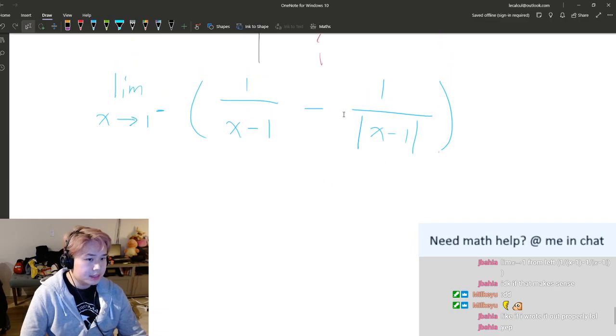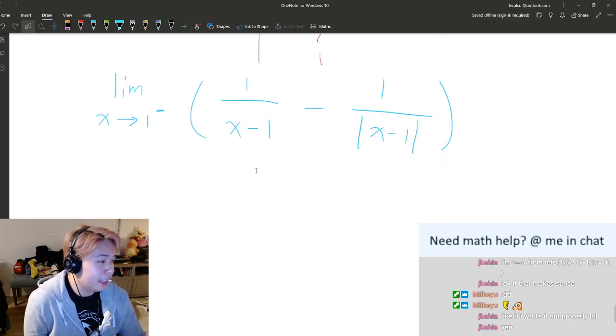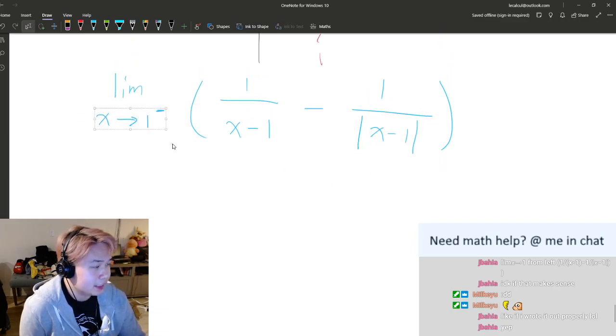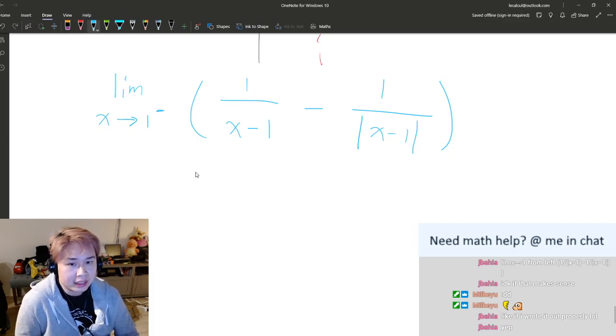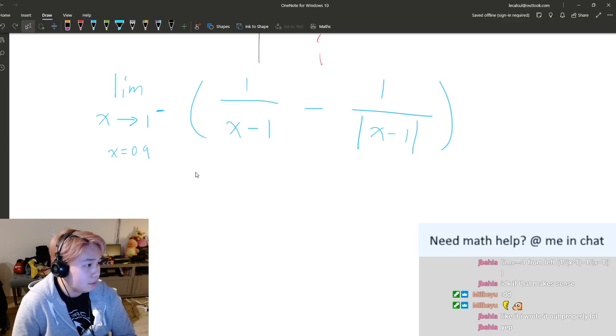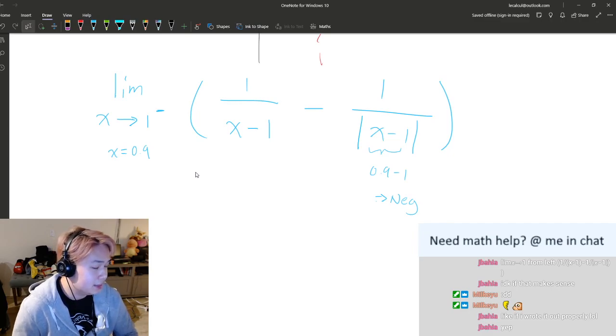Okay. So we got to deal with this absolute value. That depends on the direction your limit is coming from. If you're coming from the left side, right, then you're looking at values like 0.9. So over here, 0.9 minus 1 gives you a negative number. So what the absolute value does is it turns it positive.